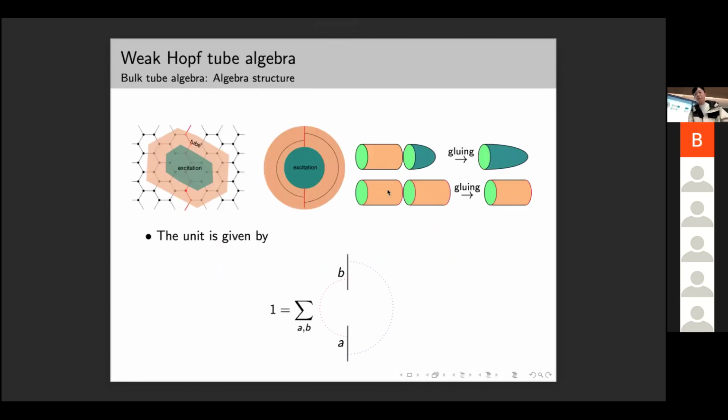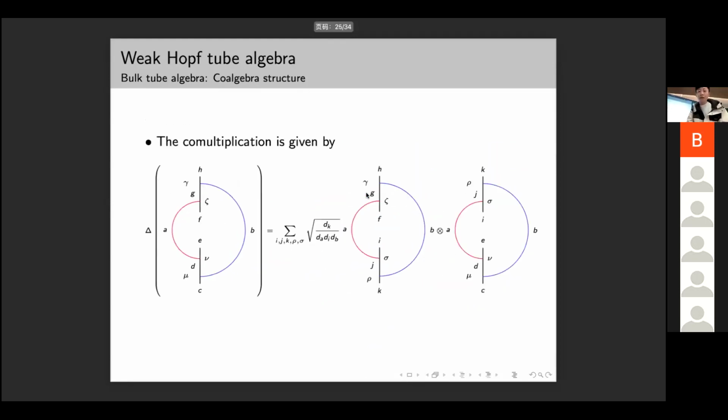For the middle part of this tube, for the back side and this front side, we just shrink them, and we cancel them, and we will make them into two tubes. These two tubes can be understood in the following way. We can insert the line in between this E and F, and then we take the local move, and we cut this graph into two graphs, and we'll have the corresponding co-multiplication structure.